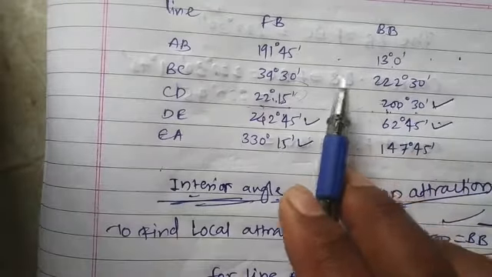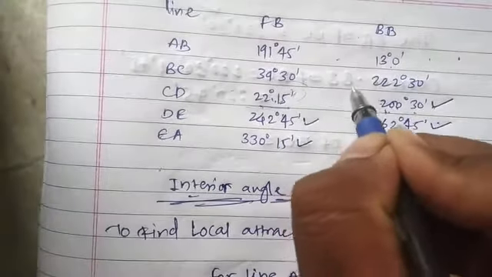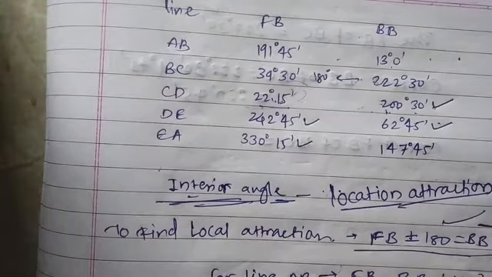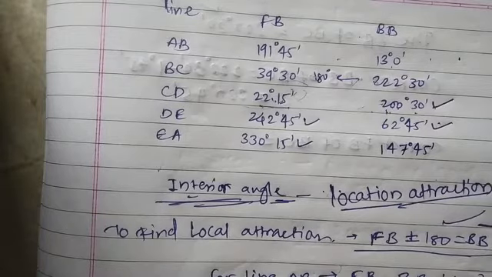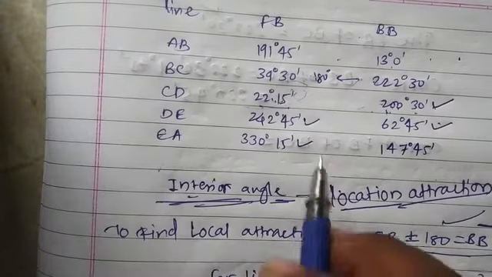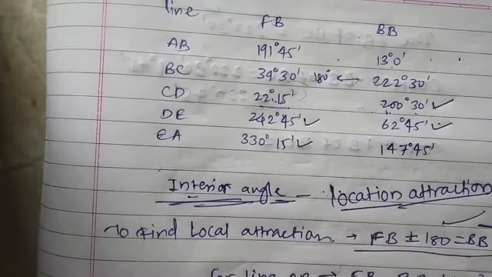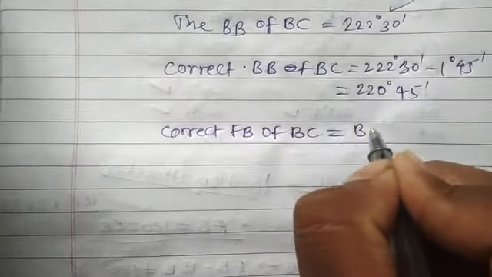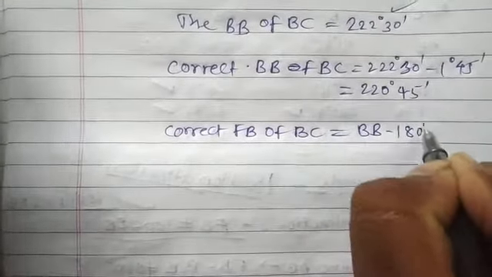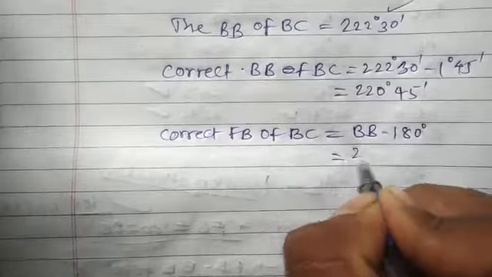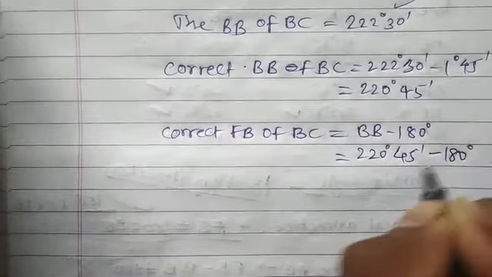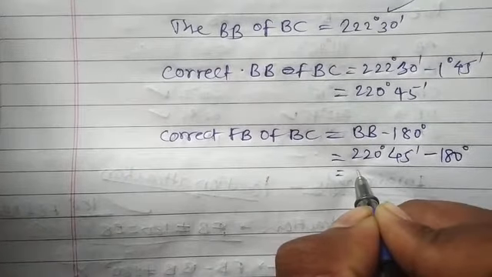So the forebearing should be lesser by 180 degrees than the back bearing. So the forebearing will be equal to back bearing minus 180 degree. So let's calculate the forebearing of BC. So it is back bearing minus 180 degree, which will give us the forebearing. The back bearing is already calculated by us, 220 degree 45 minutes minus 180 degree. It will be, how much will it be?